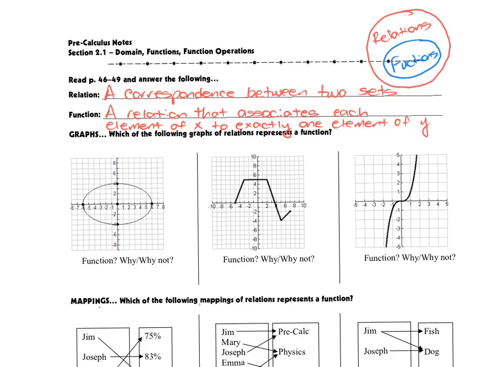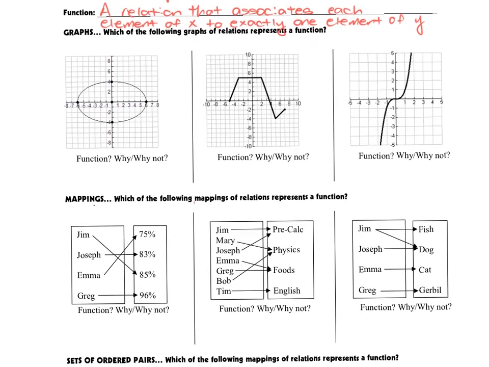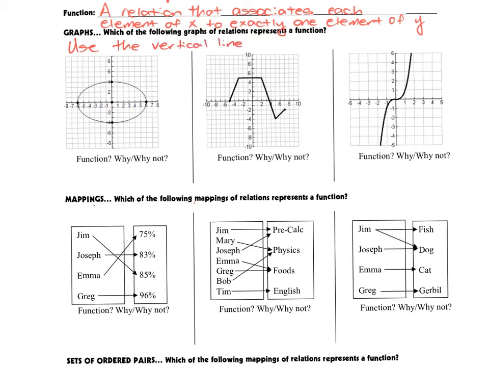So first of all, we can look at it graphically. Now, this is typically our easiest one to analyze, because if we're going to look at it graphically, we are going to use the vertical line test. And remember, this is often abbreviated the VLT.